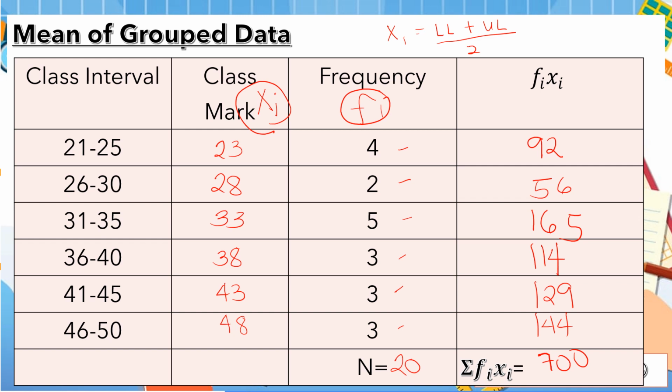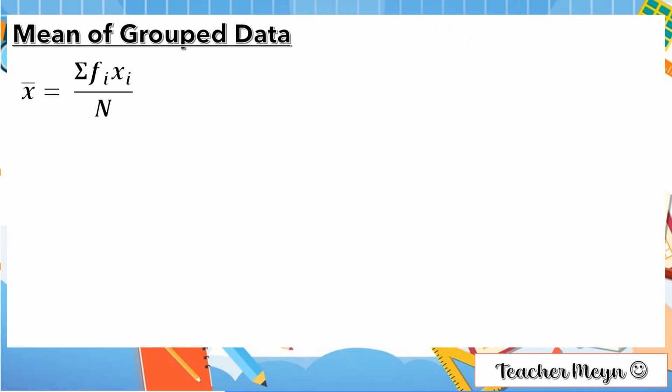Now we need to compute for the mean of group data because we are not yet done. Remember, this is the formula for the mean of group data. So x bar equals, and we need to substitute the value for the summation of f sub i, x sub i.